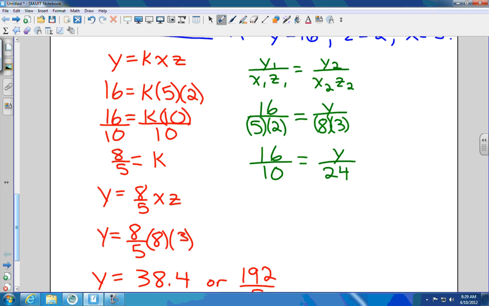So what's 16 times 24? 3 what? And so we divide by 10. And what do we get? 38.4.